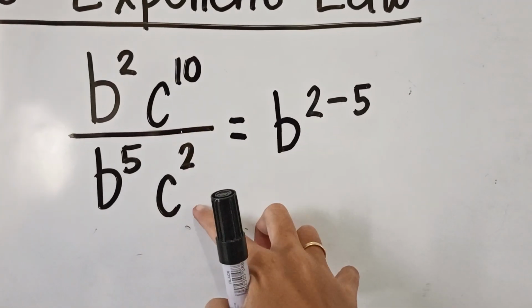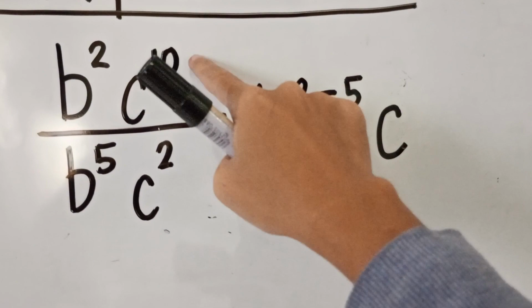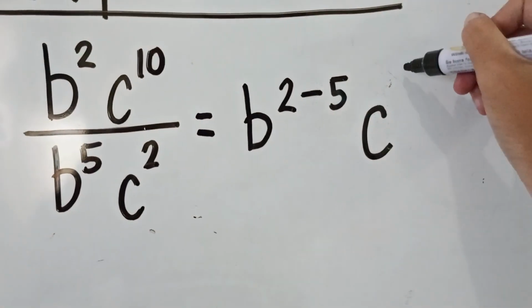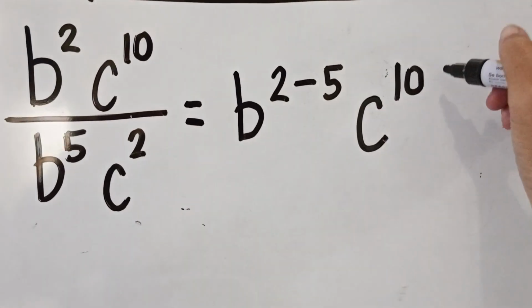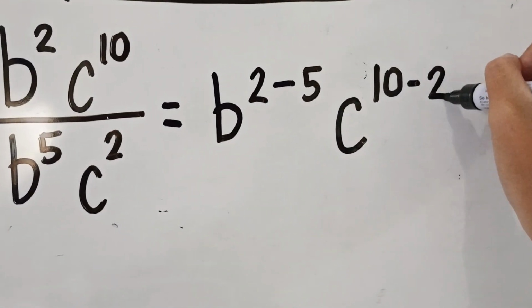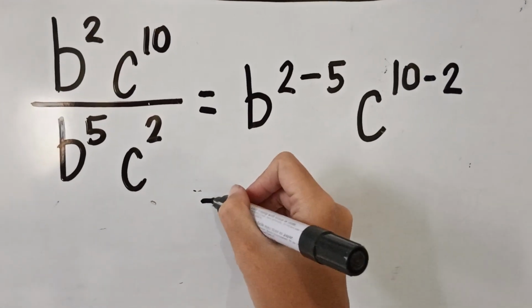Next, we're gonna have the variable c, and then we're gonna copy first the exponent 10 subtracted with 2.